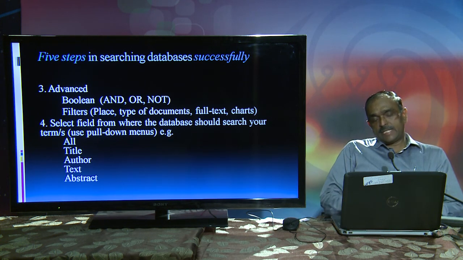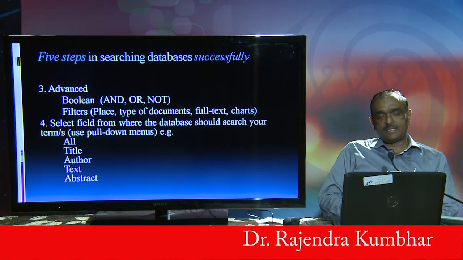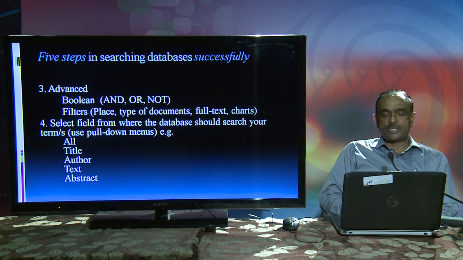The fourth and the second last step in searching the databases is selecting fields from where the database should search your terms. The facility for this is mostly made available at the search window itself, where you input your search terms. Mostly this facility is made available by way of pull down menus.